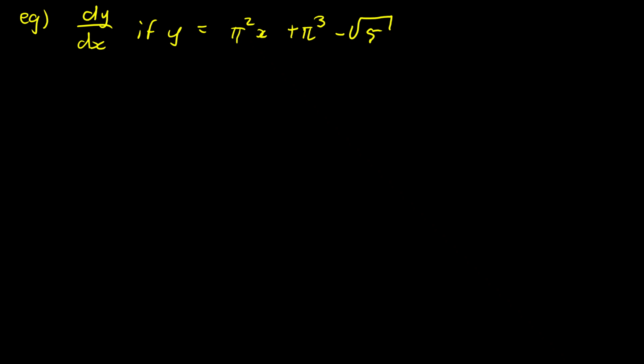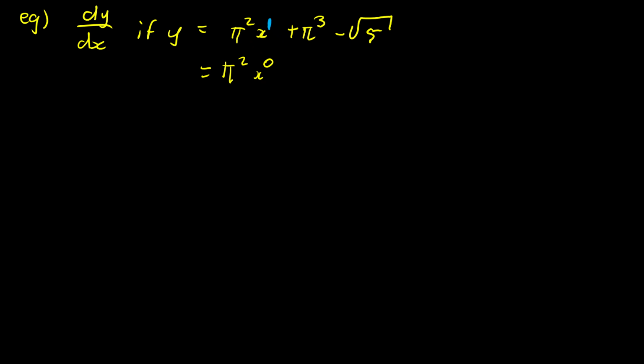At first glance, this looks interesting, but remember, everything without an x is typically just considered a constant. So if I take a look at this first term, what is the exponent of the x? The exponent of the x is a 1. So I'm just going to say 1 times pi squared, which still gives me pi squared, and this becomes x to the power of 0.